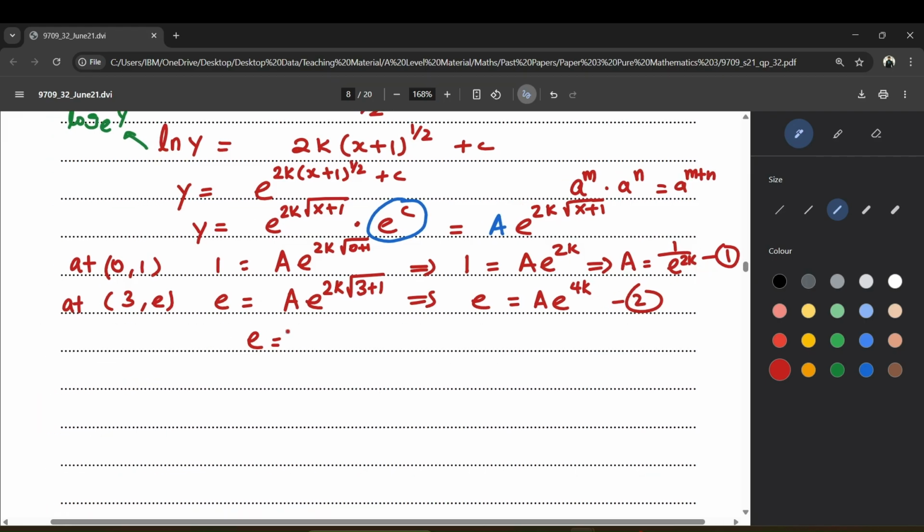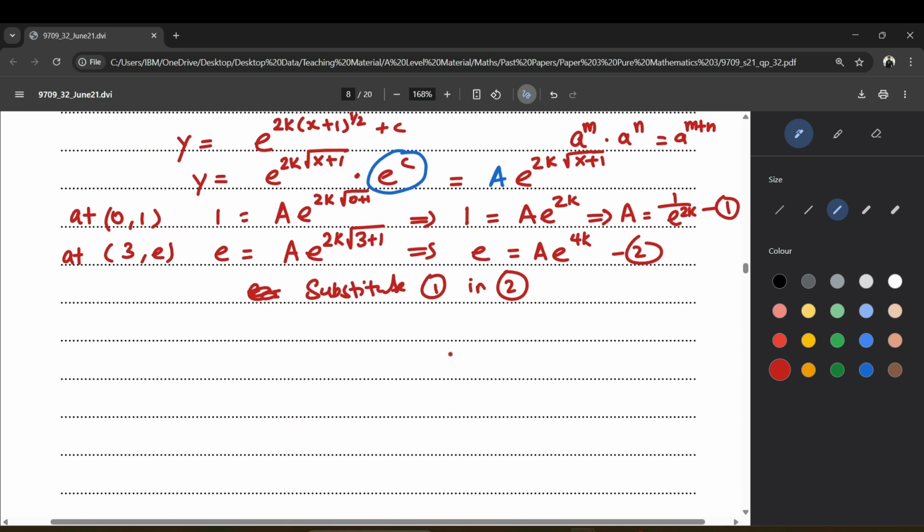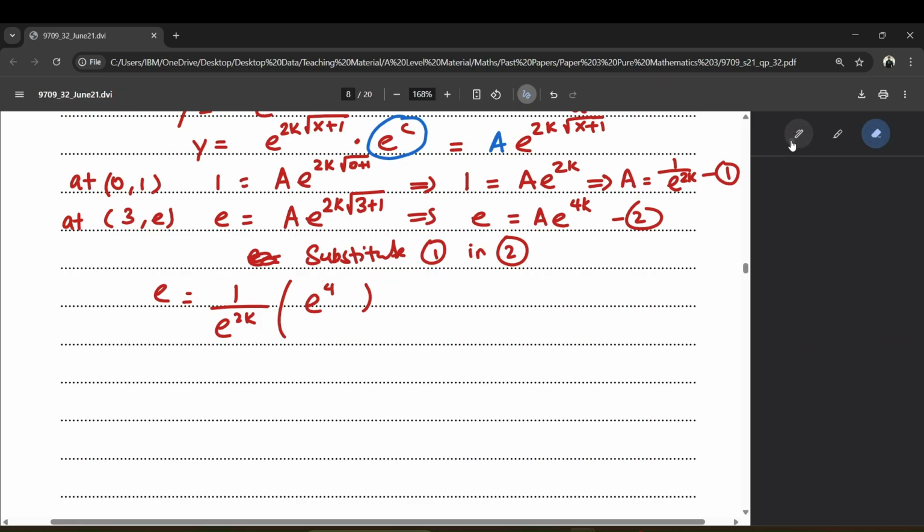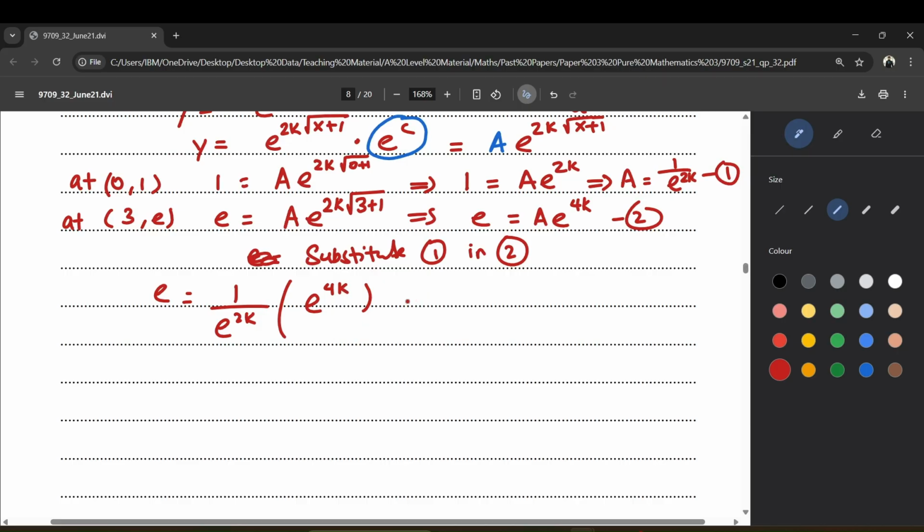Now I can substitute 1 in 2. So that will be e is equal to 1 over e to the power 2k, that is your a, times e to the power 4k. All right, so this will basically be, sorry, this k is actually in the power. So that will be just like saying e to the power 4k divided by e to the power 2k.